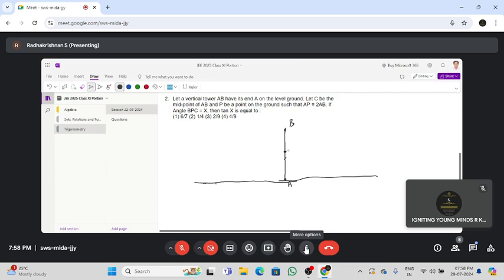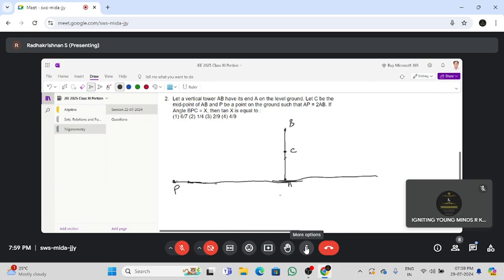This is your C. Then P is a point on the ground such that AP equals 2AB. So we'll have to take it somewhere very far, somewhere here, so that AP equals 2AB. So this is what is given.